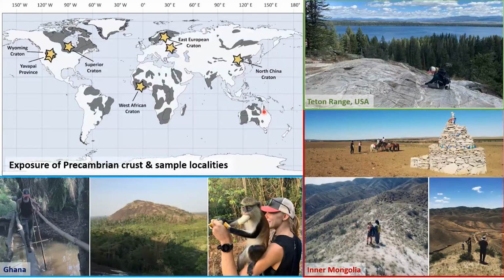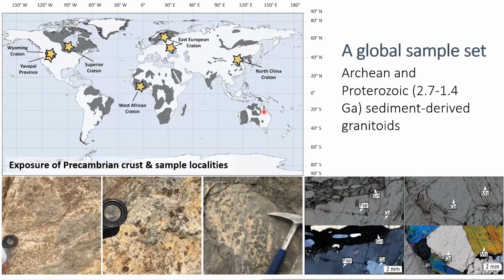And during these field sessions, we targeted sediment-derived granitoids, Archean to Proterozoic sediment-derived granitoids. They are strongly peraluminous and contain peraluminous indicator minerals such as primary muscovite and garnet, which is indicative of a sedimentary precursor.